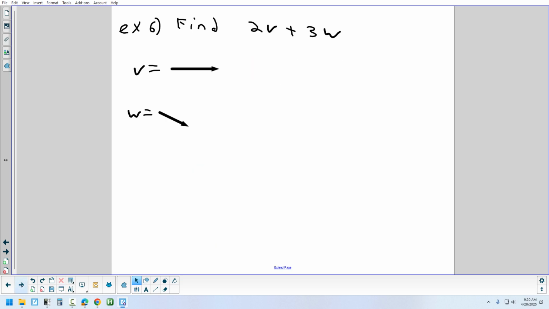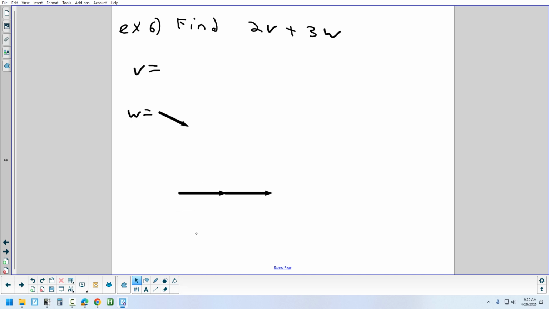All right. Now let's combine an addition problem with a scalar. The first thing I'm doing is adding 2v and 3w. So what you want to do right away is figure out 2v. Let's take v, make a copy of it, and put them together just like that.